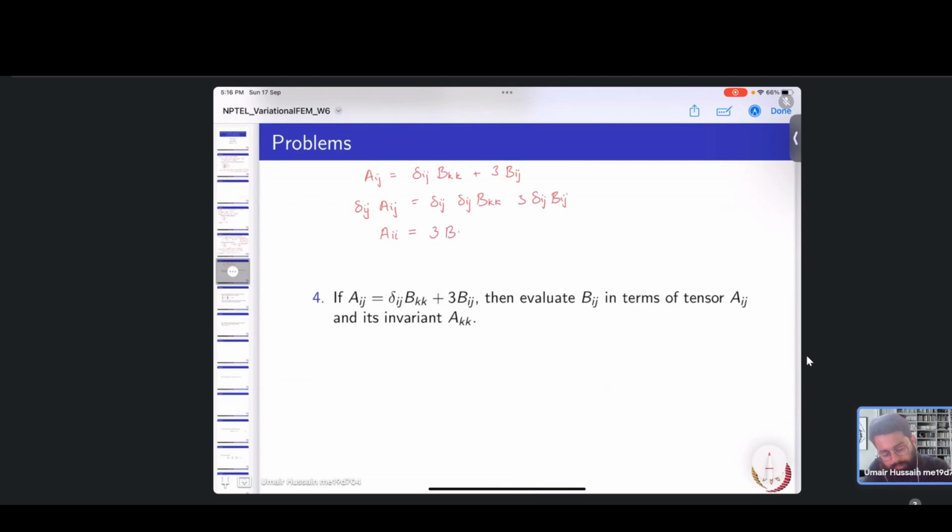And again we have 3 delta ij bij becomes 3bii, and it is fine if we substitute i with k. 3bkk plus 3bkk.